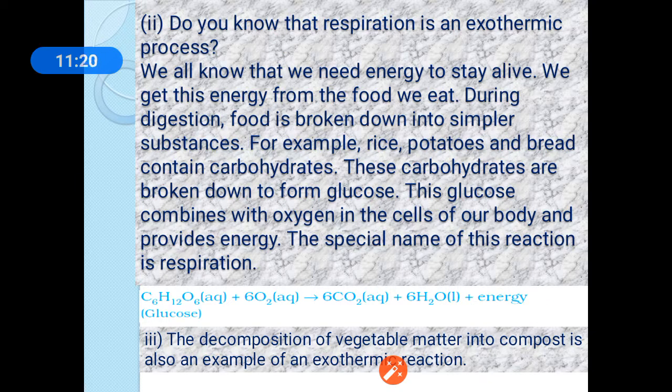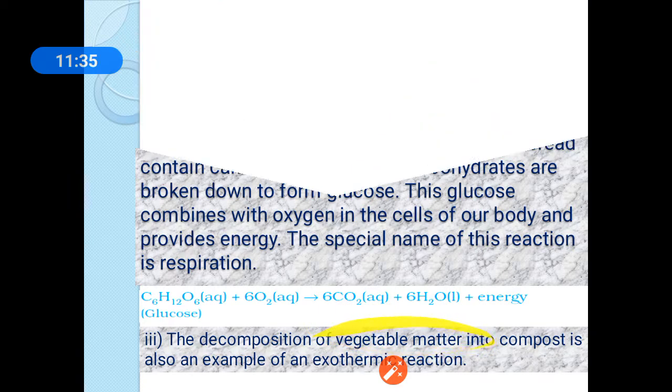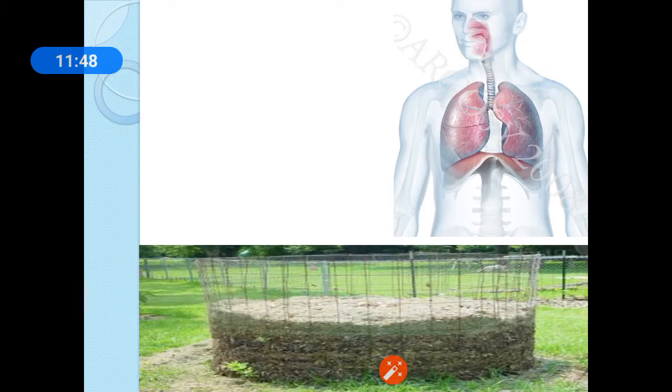The second example is the decomposition of vegetable matter into compost. When you put kitchen waste into the pit, after one or two days you will see that it becomes a little hot, or the temperature has risen. The reason is that it is also an example of an exothermic process.